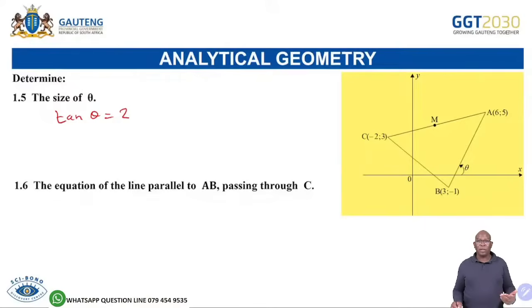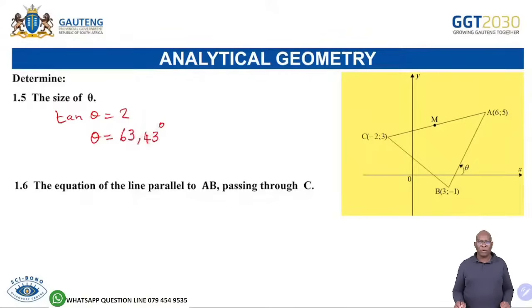That's quite easy. You go to your calculator, you press shift, tan, you press 2. If you say shift tan 2, then you're going to get the angle. So the angle here is going to be 63.43 degrees.